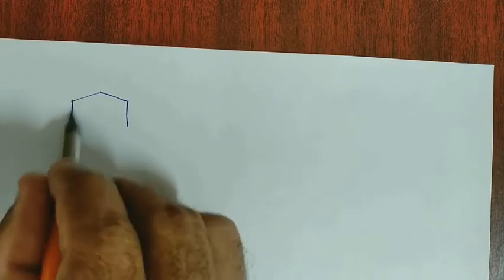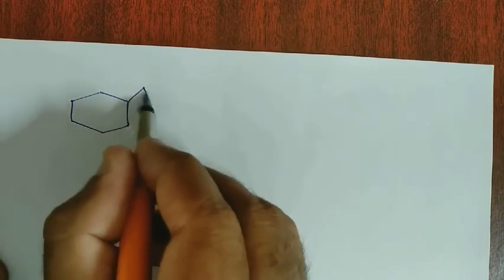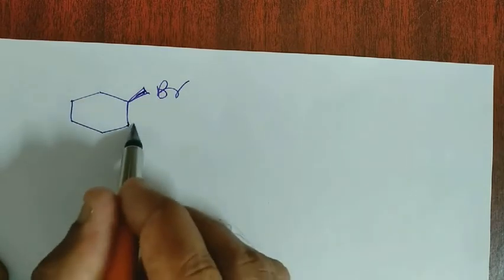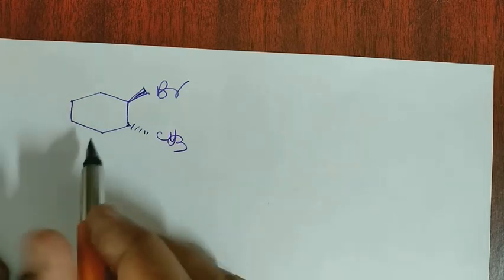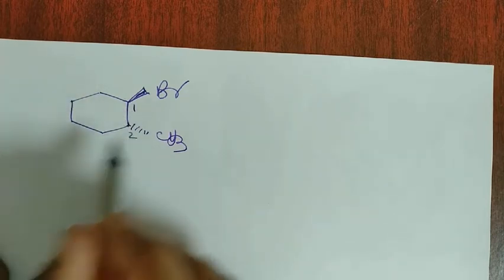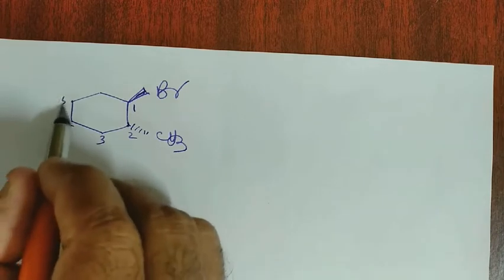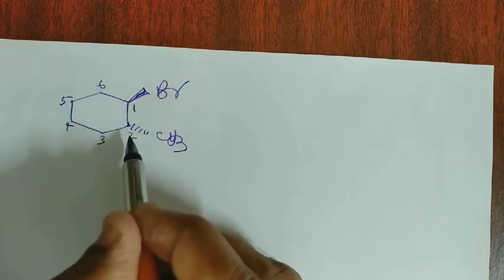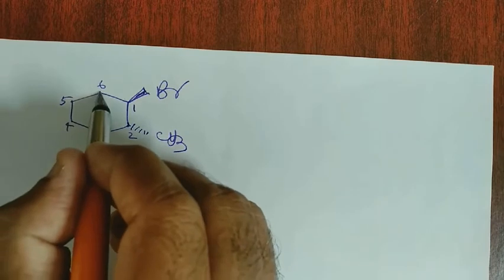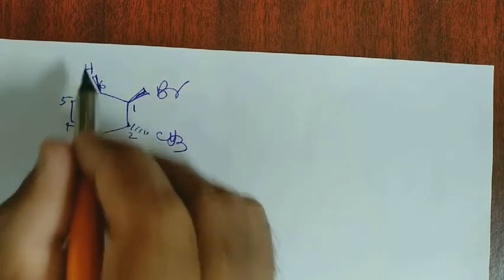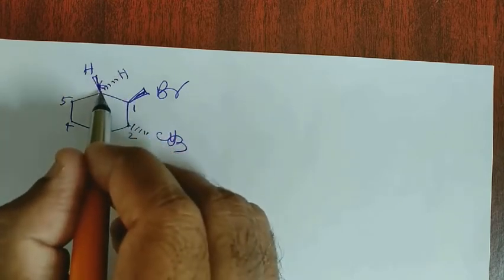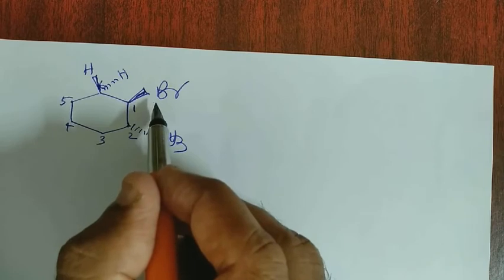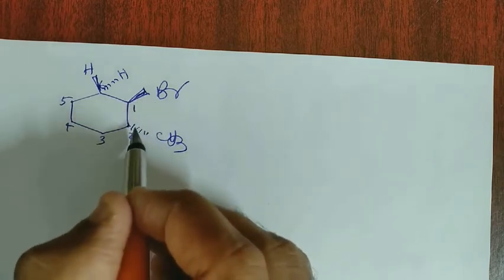In the case of trans isomer of 1-bromo-2-methyl cyclohexane, only the 6th carbon atom has a hydrogen atom with a trans orientation for dehydrohalogenation.